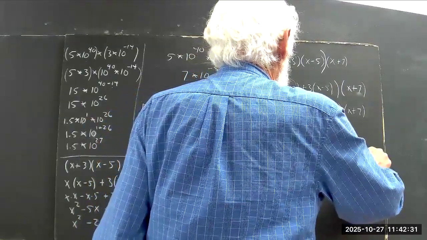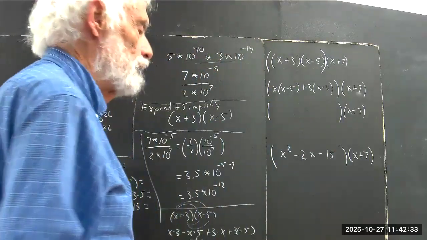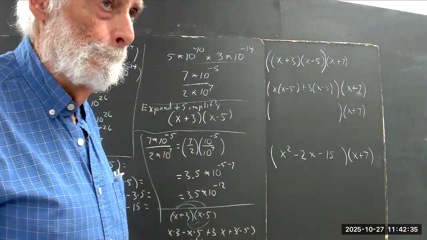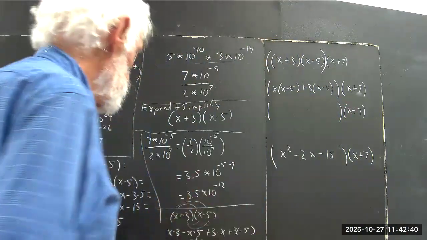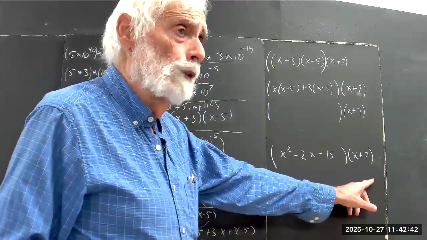multiplied by x plus 7. Okay, and then you've got steps in here. I'll write them out, but go ahead and see what you're going to do with this now.